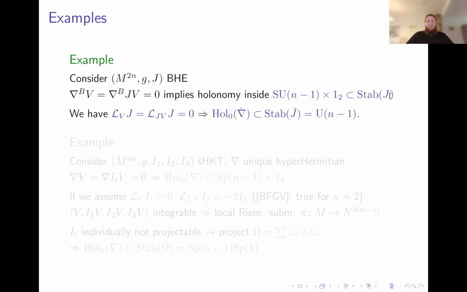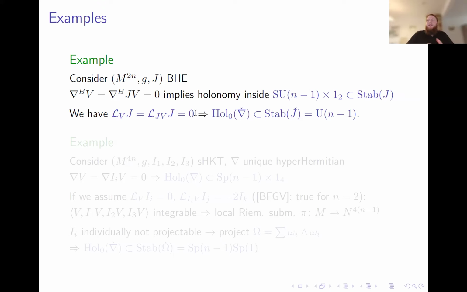In this story, this is part of all these proofs. In this Bismut-Hermitian-Einstein case, you can also check that the complex structure is preserved along these vector fields V and JV.